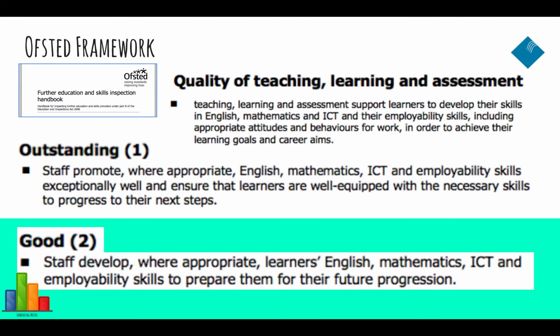Well, it says for a good, you develop, where appropriate, the maths skills to prepare students for their future progression. So it's where appropriate. In other words, when maths comes up, point to it and develop it as far as you can. For outstanding, you actually promote maths, so you take it one step further.